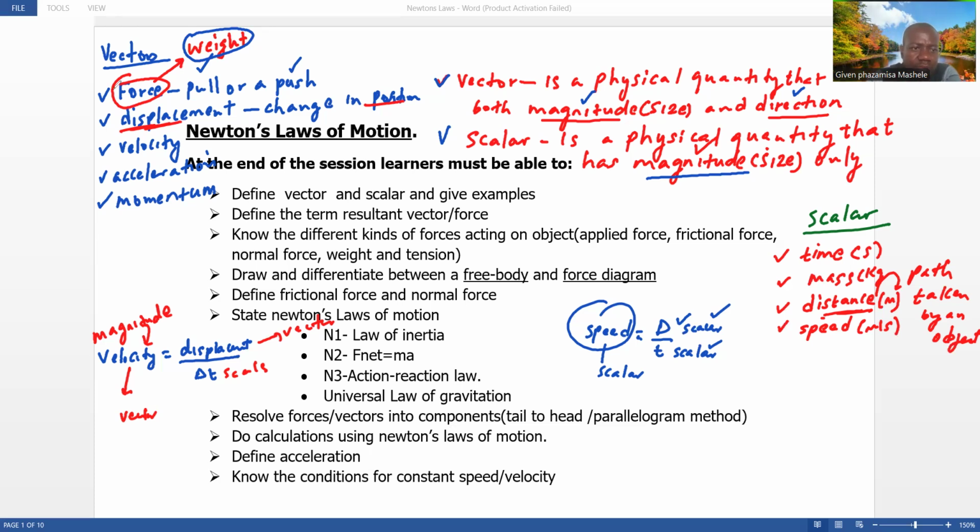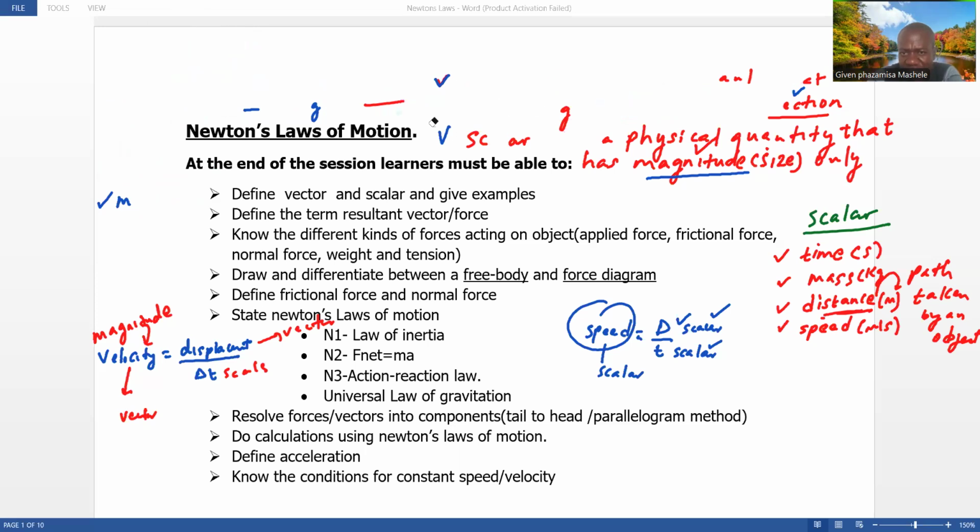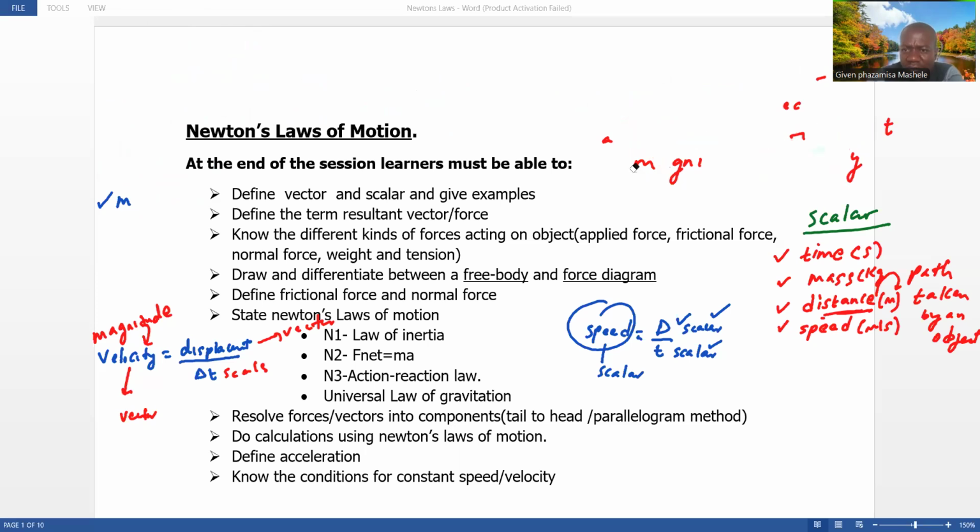The second one, it says, we need to be able to define the term resultant force or resultant vector. This is for both grade 11 and 12. Because in most of the questions, they might ask you to tell which one is a vector and which one is a scalar.